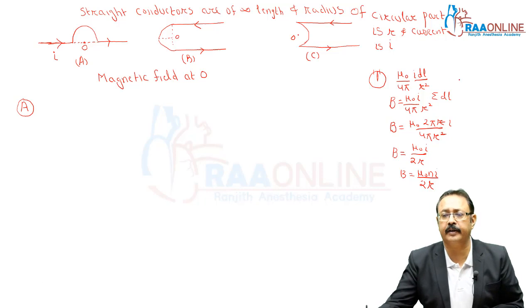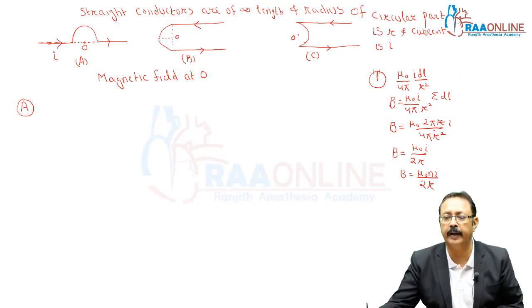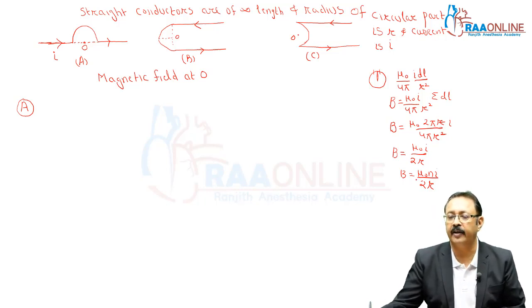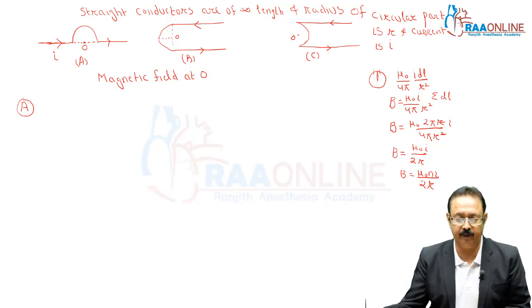But in a half circle, in place of sigma dl, we will put pi r. If we put pi r, it will become mu naught n I upon 4r. Getting my point? So we will use this concept.